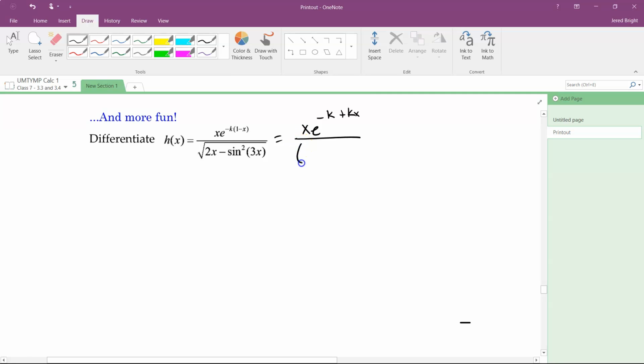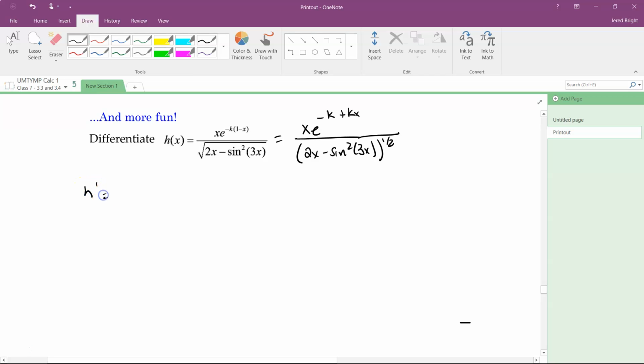And then the denominator just says 2x minus sine squared 3x. Now to complete the derivative, we need all the tools in our toolkit that we could possibly have up to this point. Okay, so we can do it.